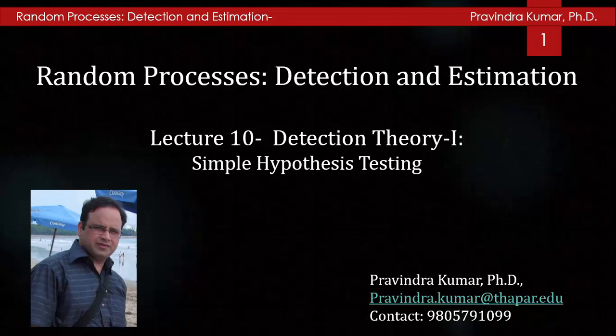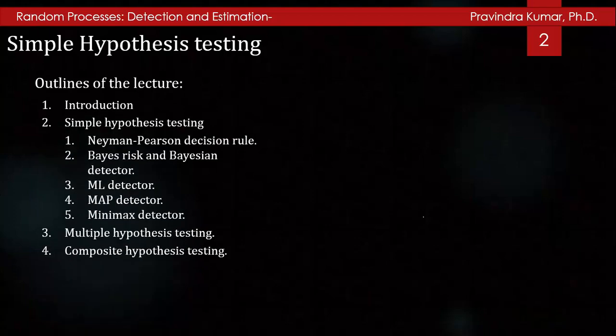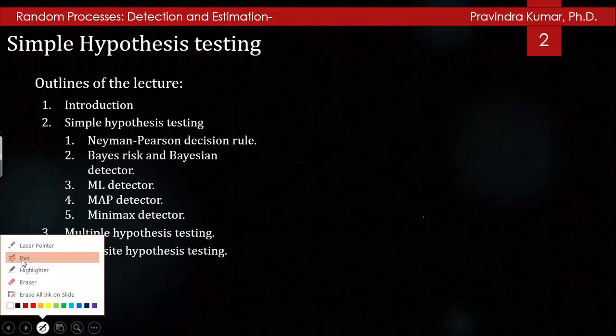In this lecture, we will discuss detection theory. The outline of this lecture is: introduction, and hypothesis testing, which is of three types: simple hypothesis testing, multiple hypothesis testing, and composite hypothesis testing.